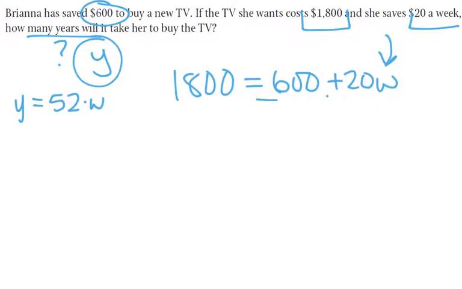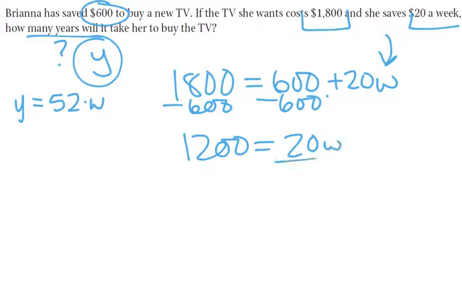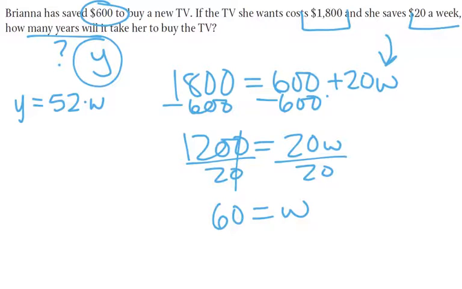So subtract 600, we get 1,200 equals 20 times the weeks. Divide by 20, and we get 60. So it's going to take 60 weeks, so we can divide that by 52 to get years. Oops, not times.